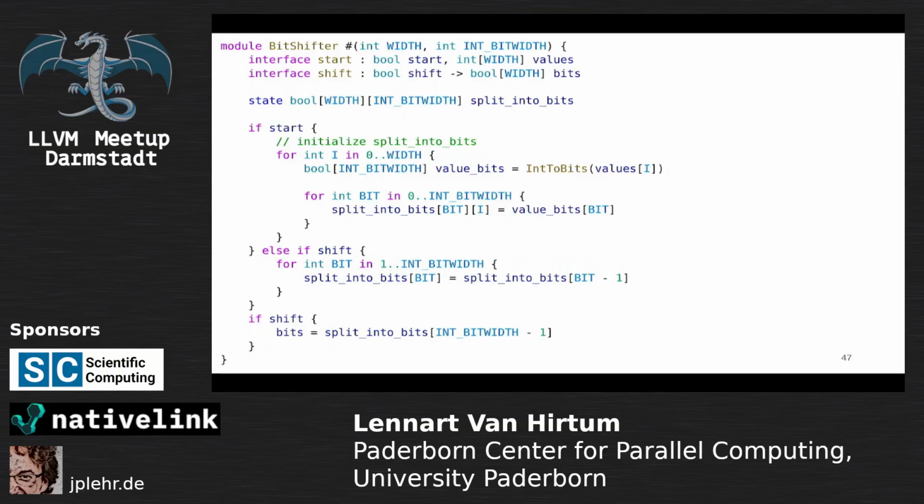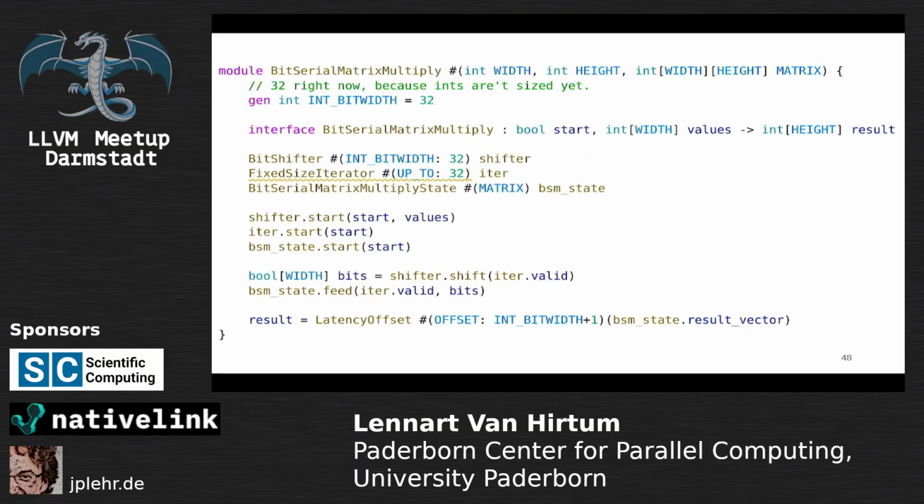So on start, we initialize our state block with the bit equivalent of all of our integers. And then every shift, we just shift this whole shift register left by 1. We feed in all of the most significant bits of this. And so we do that 32 times until we get there. This module is not responsible for doing the 32 times, right?